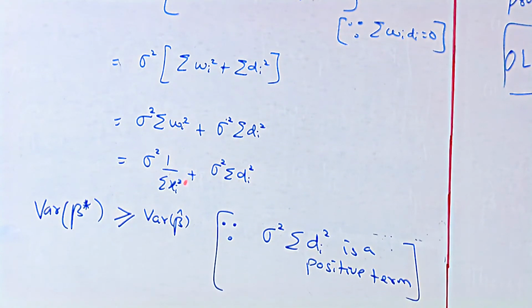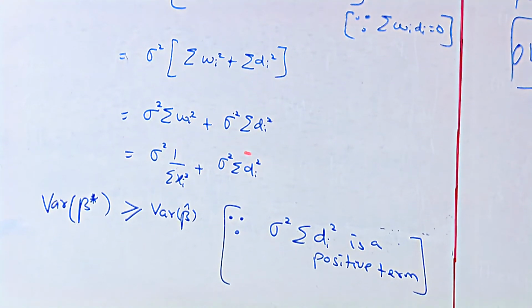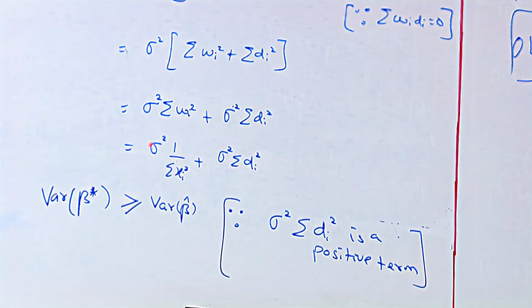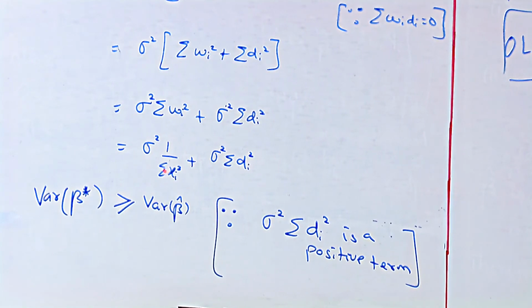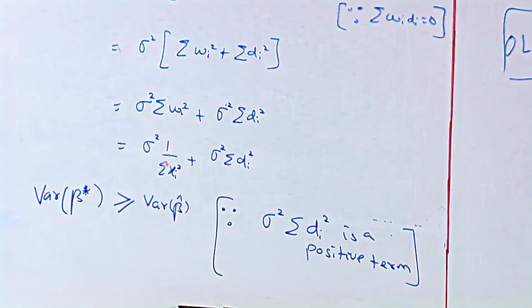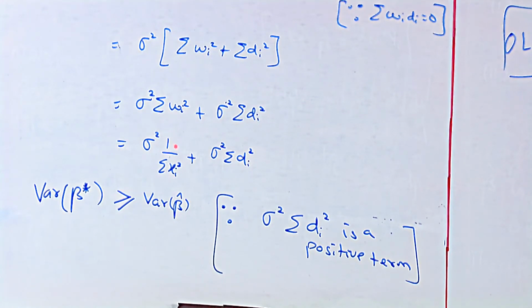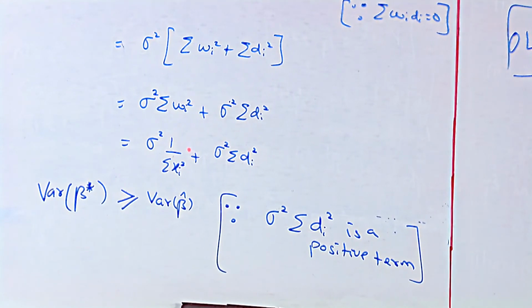So we get two terms, this expression plus another positive expression. This we know already is the variance of beta hat. So what we can conclude is that variance of beta star is equal to the variance of beta hat plus a positive term.